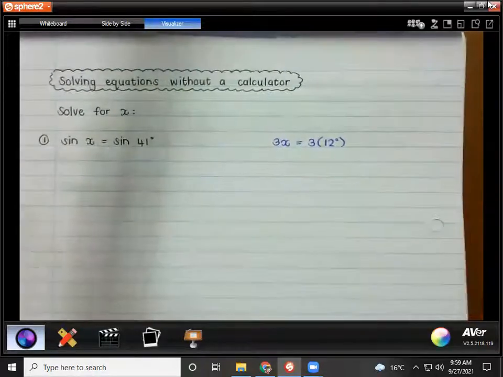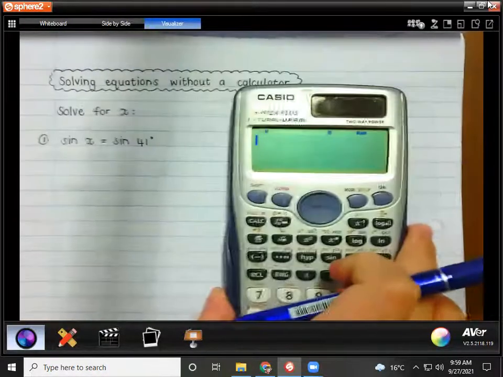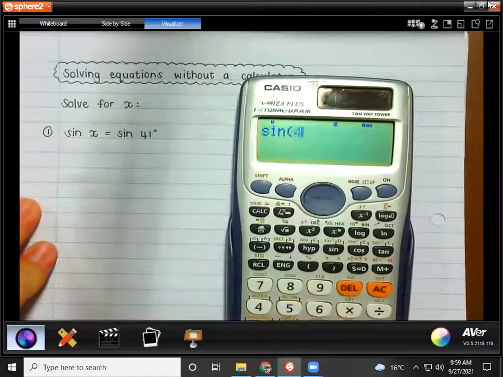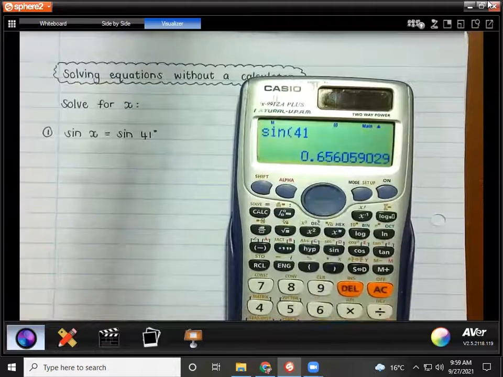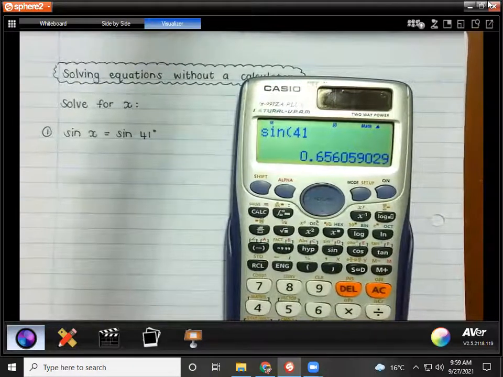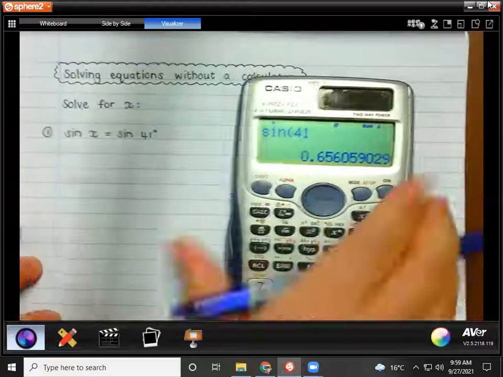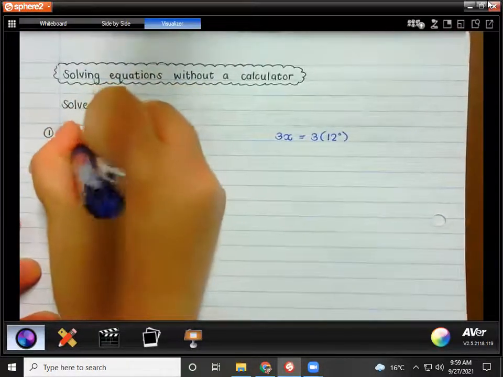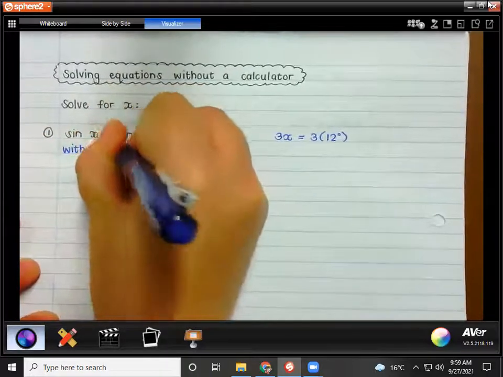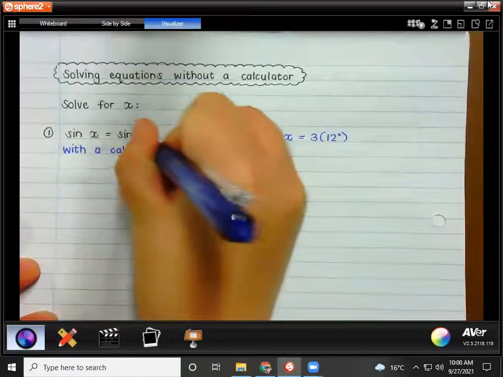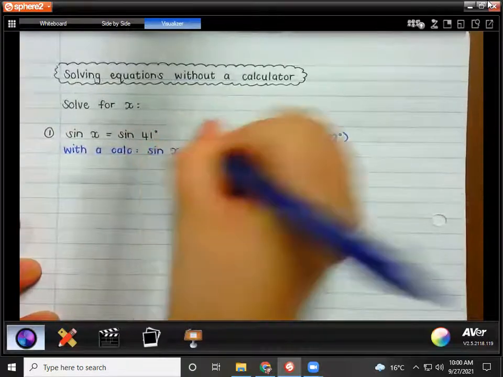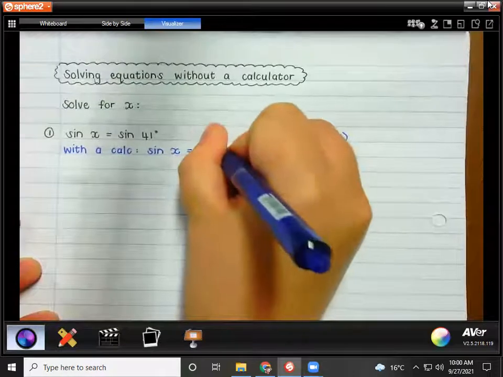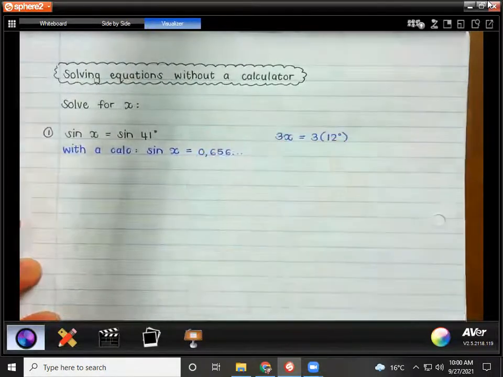Now, guys, if we were to do that here, that would be fine, unless, of course, the instruction said that you're not allowed to use a calculator. Sine 41 is just 0,656, whatever, right? So I'll just write here with a calculator. You would say that sine x is equal to, you would type sine 41 into the calculator, you would get 0,656, blah, blah, blah.